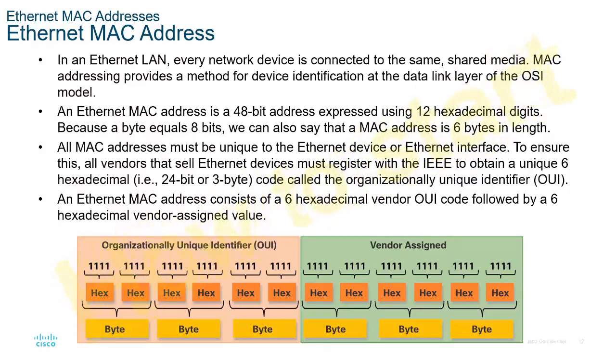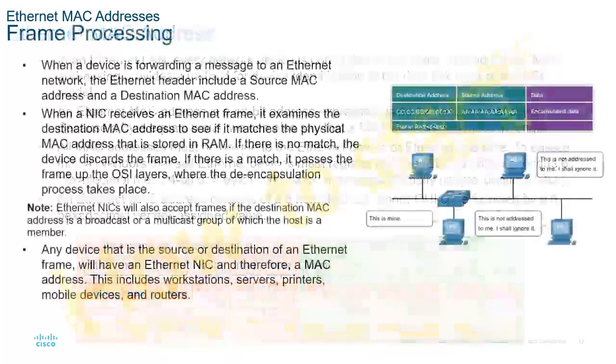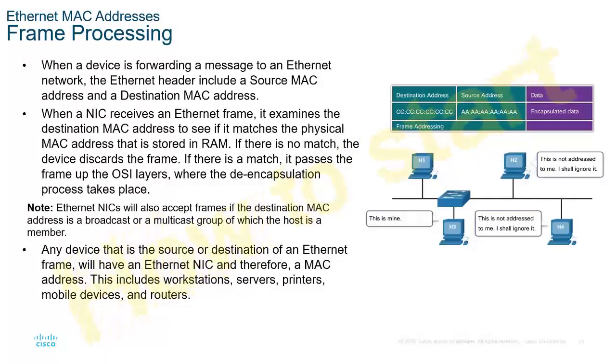Here we're looking at an Ethernet MAC address, so that means we'll have an Ethernet network interface card, and that gives us our Ethernet interface to the Ethernet network. So as long as you have an Ethernet interface, you should have a MAC address. Any device that has an Ethernet port will have some form of source MAC address.